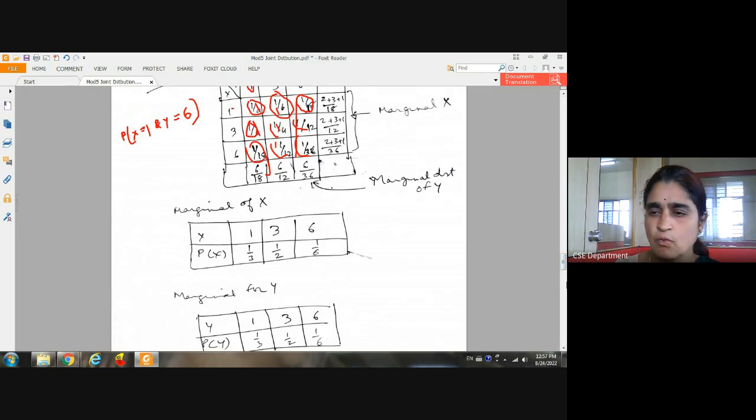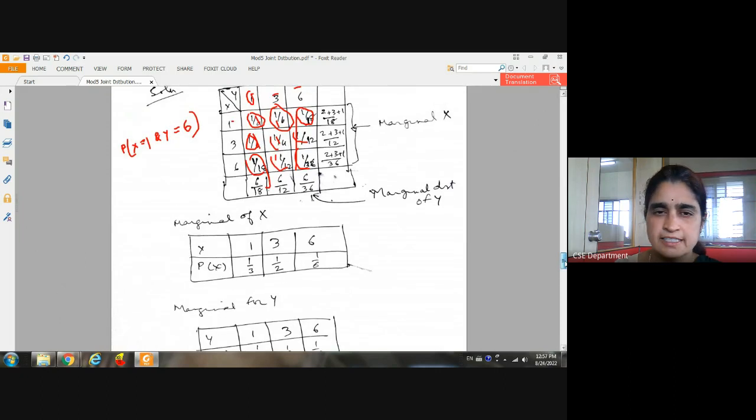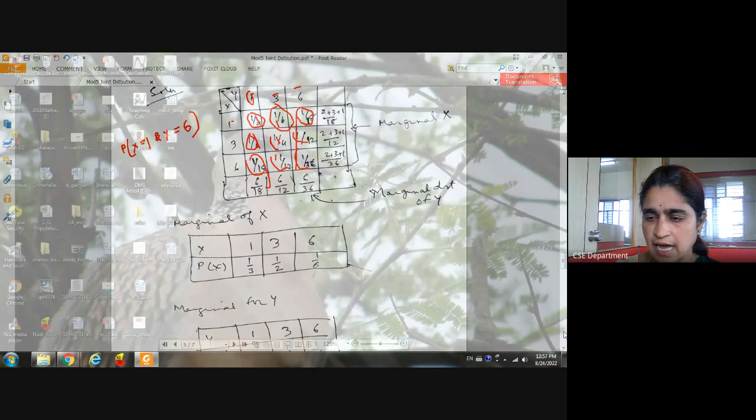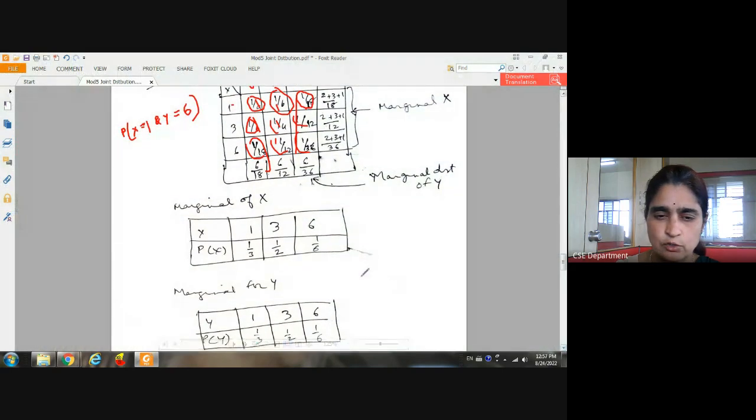This is x equal to 1, y equal to 1. Probability is 1 by 9. P of x equal to 1, probability is 1 by 3. Y equal to 1, probability is 1 by 3. The product of the marginals is 1 by 3 into 1 by 3. That is same as 1 by 9. So in this case it is correct.